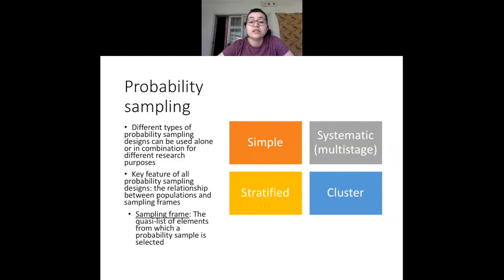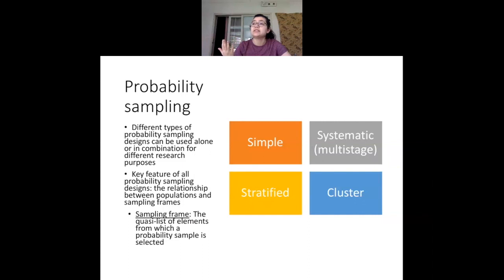And so the key feature is the relationship between the sampling frame and the population. There's this quasi list that we develop of all the elements of the population. So if this is the larger population parameter that we're interested in, we develop a whole list of it.